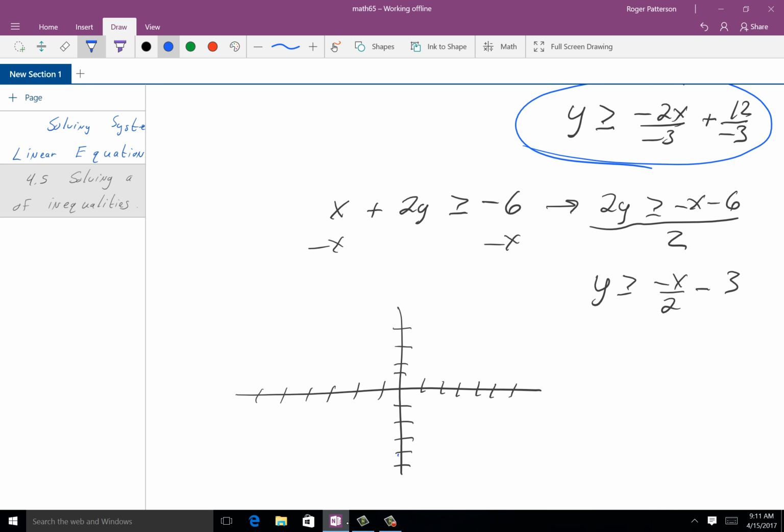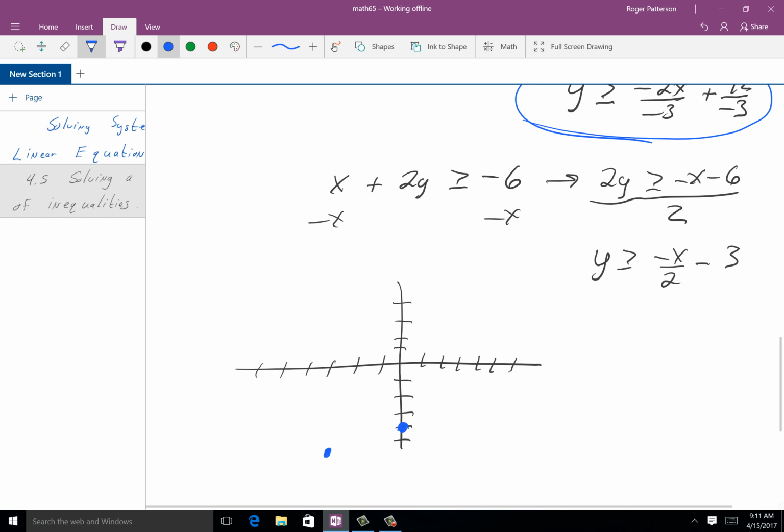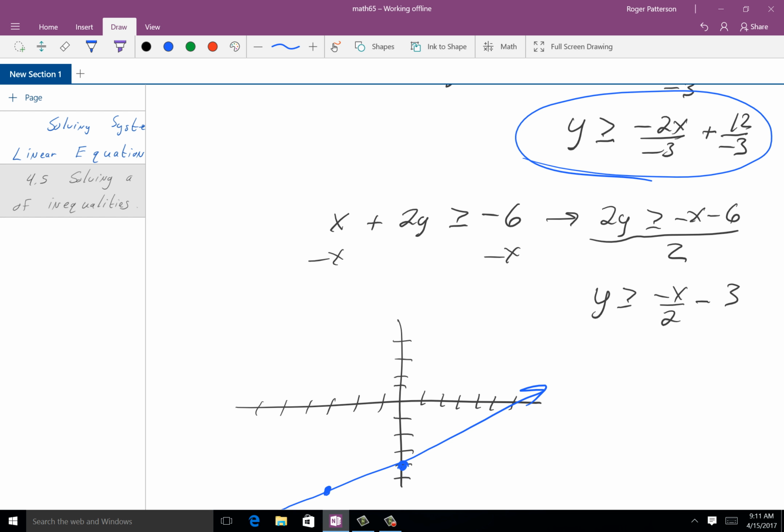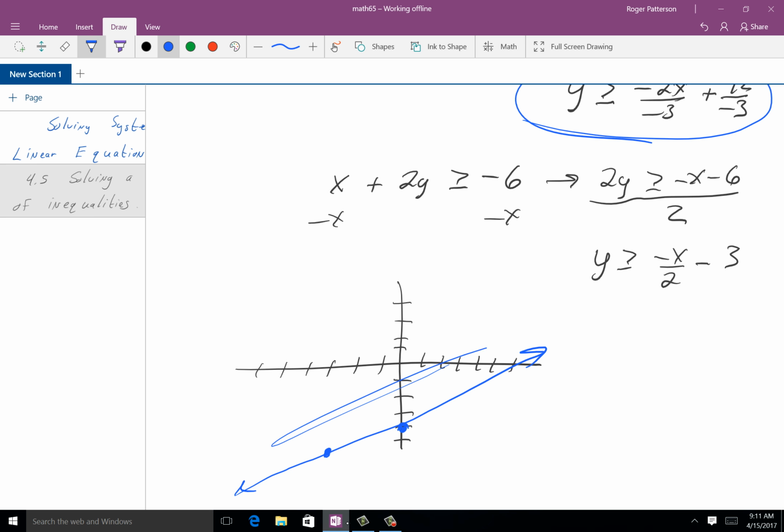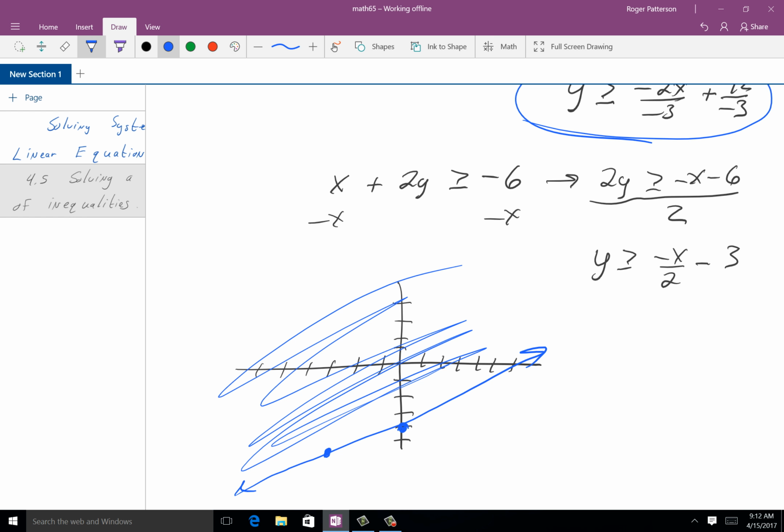Negative 4. And we can go down 2 and back 3, doesn't make any difference either way. Is this a solid or a dashed line? Solid line. There we go. And which way are we going to shade, above or below the line? Above. Good. Okay, then we'll put this one in green.